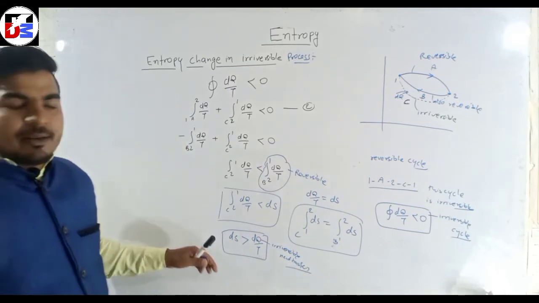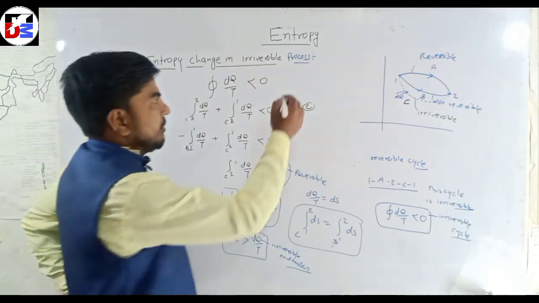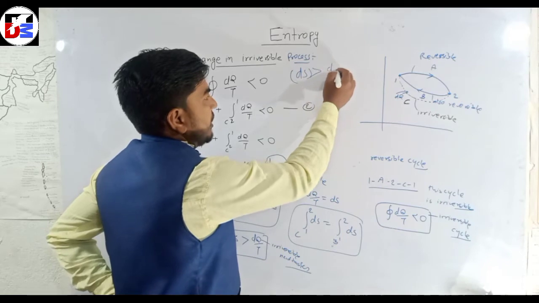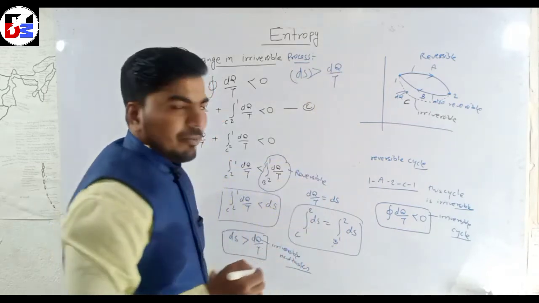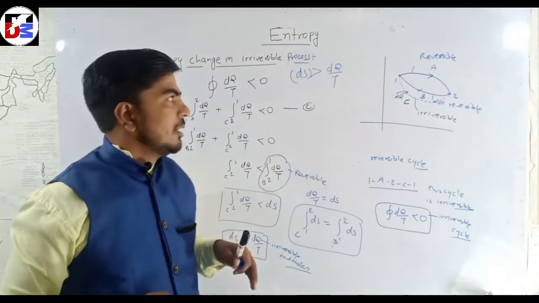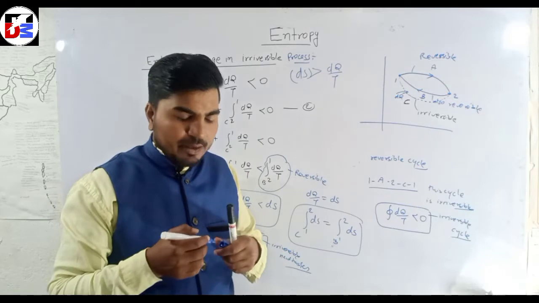So our result is that the entropy change in an irreversible process is always greater than dQ/T. But for a reversible process dS is equal to dQ/T, and for an irreversible process dS is always greater than dQ/T.